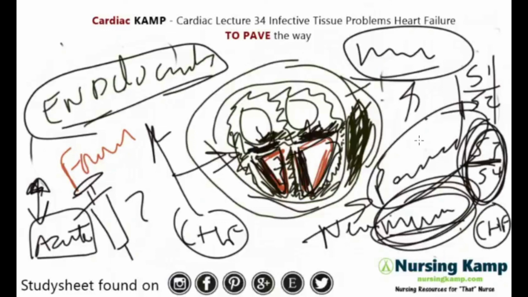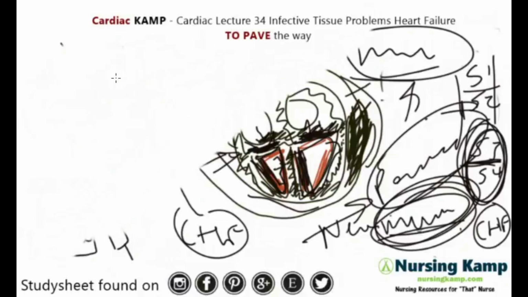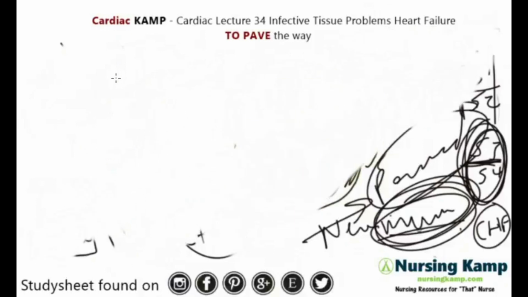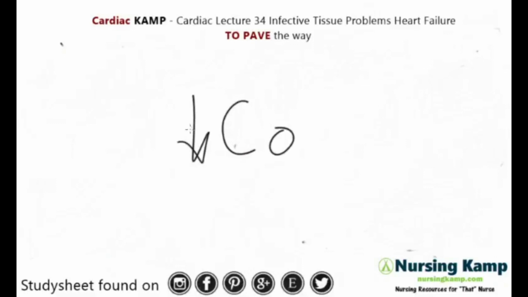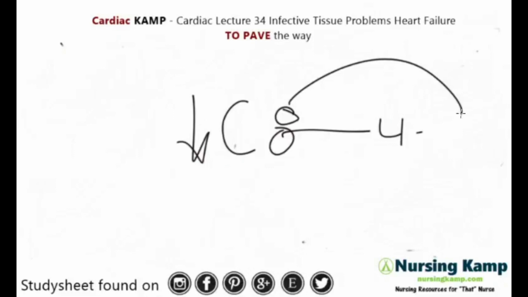That's the big key with infective tissue: whenever there's a problem with infective tissue, it's about heart failure and the risks and comorbidities from decreased cardiac output. So the cardiac output starts to decrease, and cardiac output is 4, 2, 8, half.